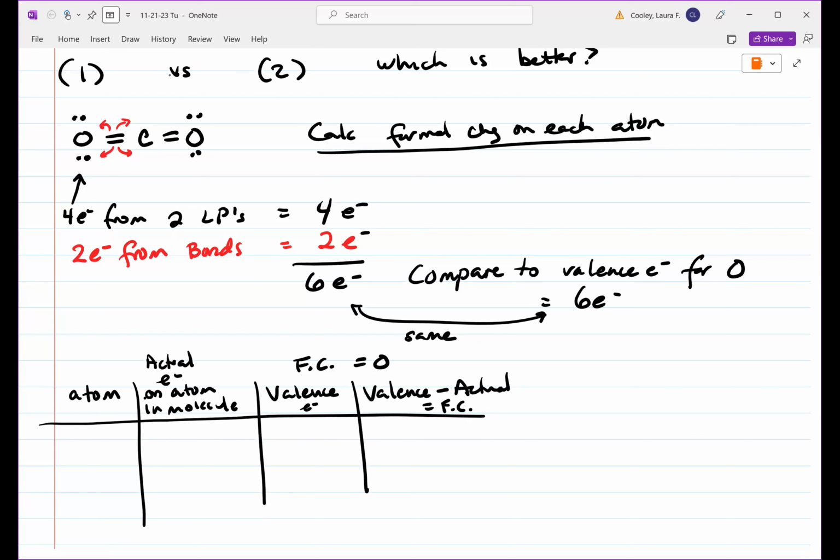So on this O atom, the actual electrons is this. We added up the 4 from the lone pairs and the 2 from the bonds, we got 6. For valence, 6 minus 6 is 0. Okay, so that was the oxygen. Now let's do the carbon.